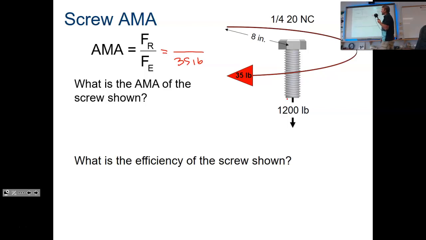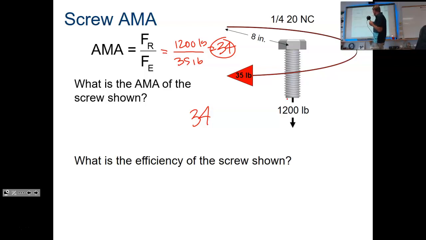I'm putting 35 pounds on the wrench, and the resistance is 1,200. So 1,200 divided by 35 is equal to 34. That's a far cry from the 1,000 that it's supposed to have. This efficiency is totally in the toilet.